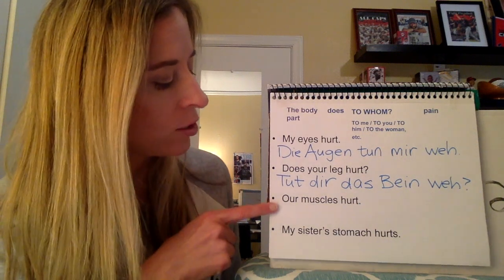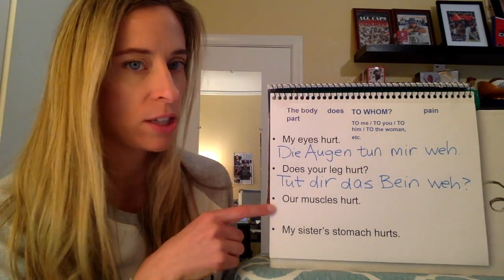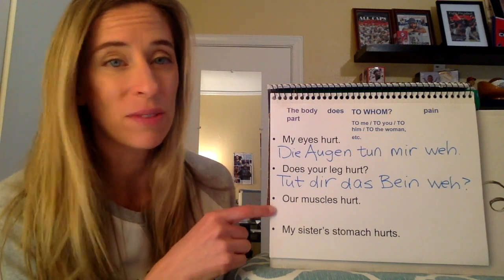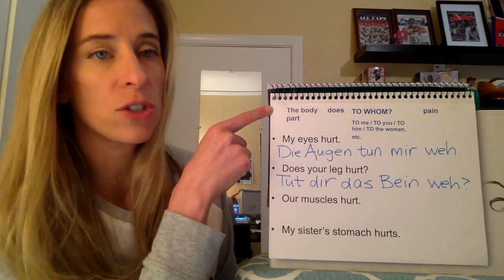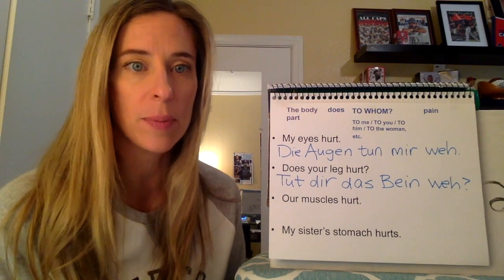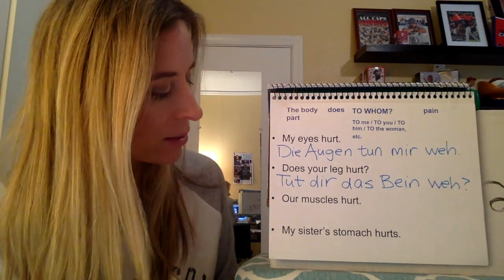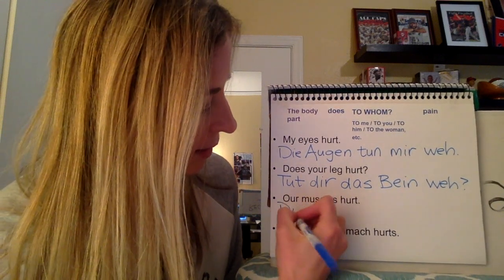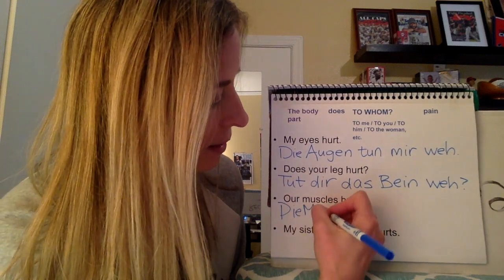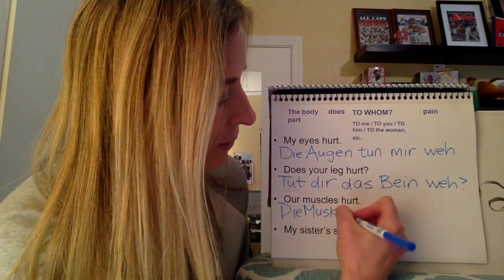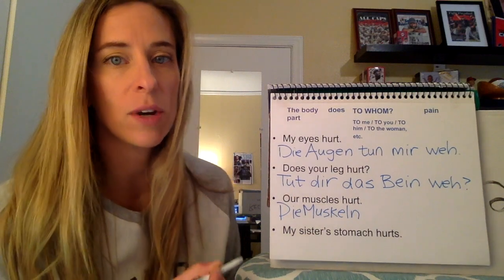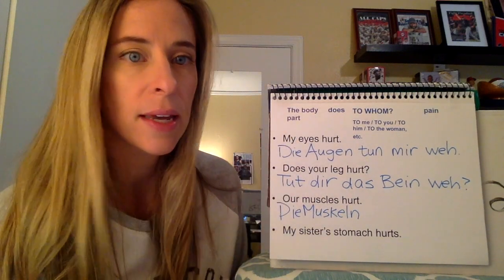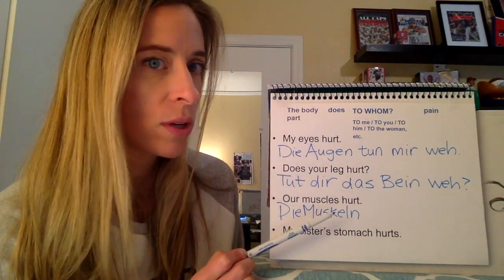All right. Nummer 3, our muscles hurt. So in this case, we have a sentence. It's not a question, so we can come back here to our formula. So we're going to start with the body part, which is the muscles. So that's going to be die Muskeln. And then we're going to come to our verb. Is it tut or tun?